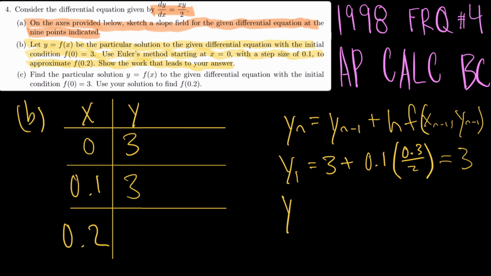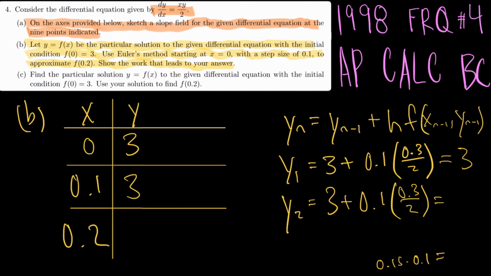And now for y sub 2, we have 3 plus our step size 0.1 times, this time we have 0.1 times 3 over 2, which is 0.3 over 2. And now 0.3 divided by 2 is 0.15. And 0.15, let's just do these off out here. 0.15 times 0.1 is equal to 0.015.